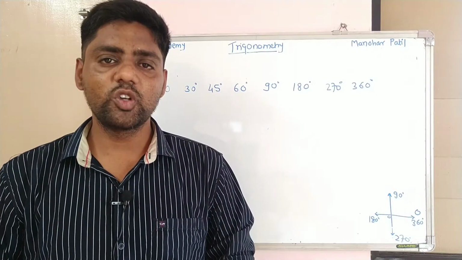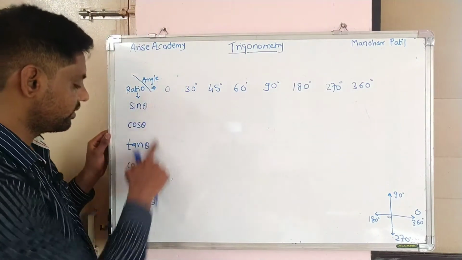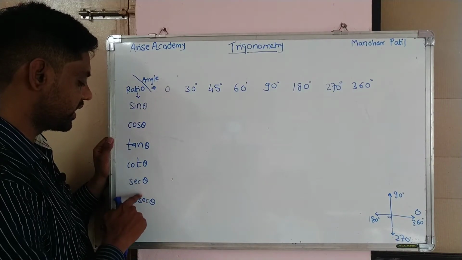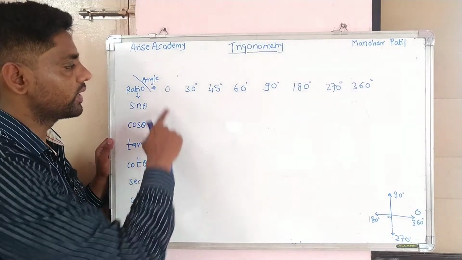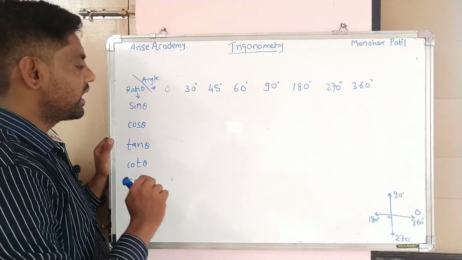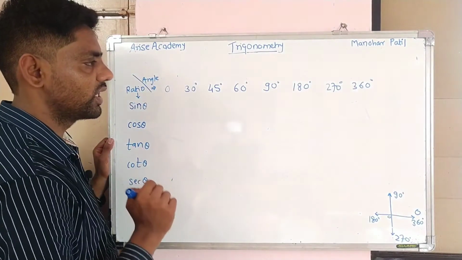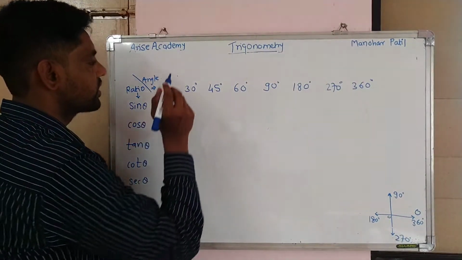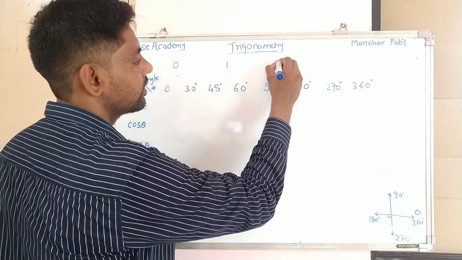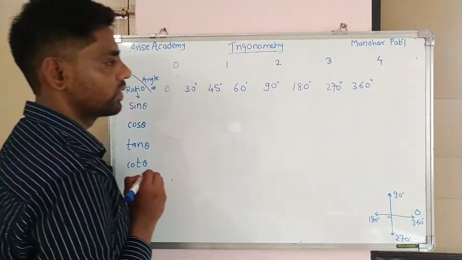Now we study trigonometric functions for particular angles. Here six ratios are given: sin theta, cos theta, tan theta, cot theta, sec theta and cosec theta, and the angles are given. You have to find the values of each ratio for each particular angle. For that, a very simple method: in the first step, write 0, 1, 2, 3 and 4.